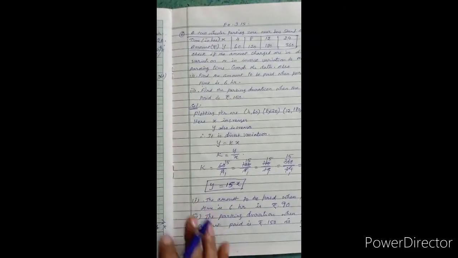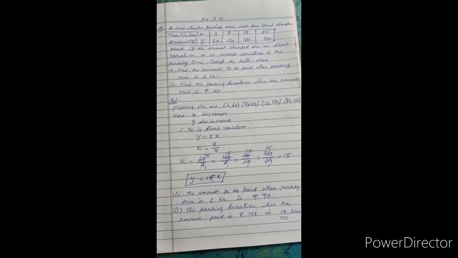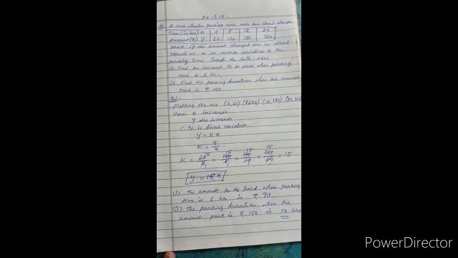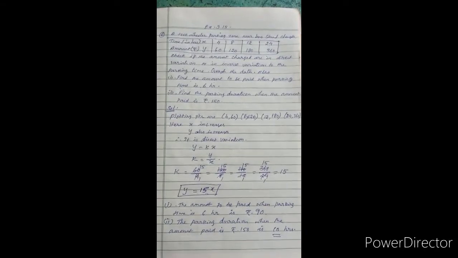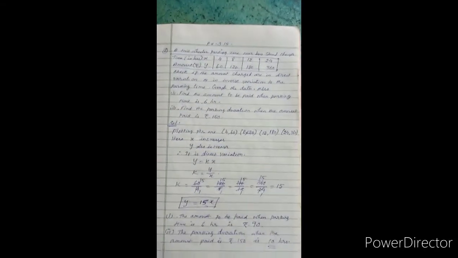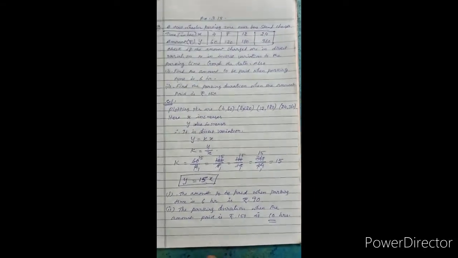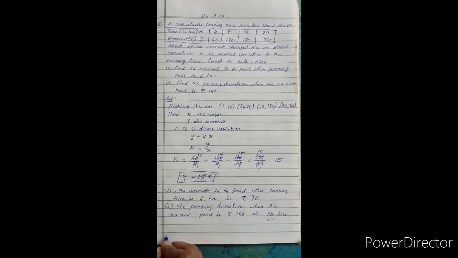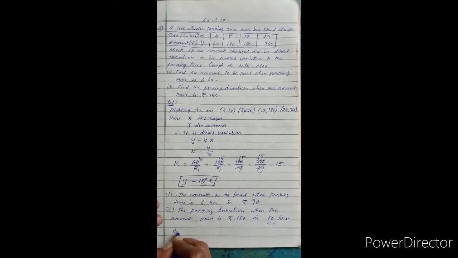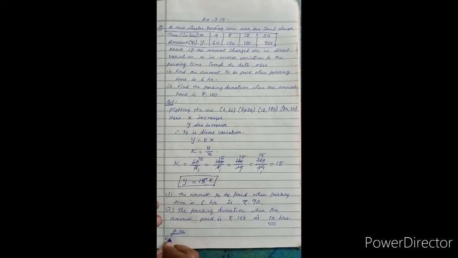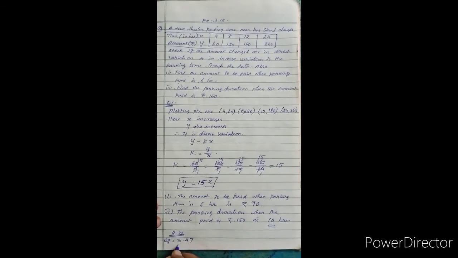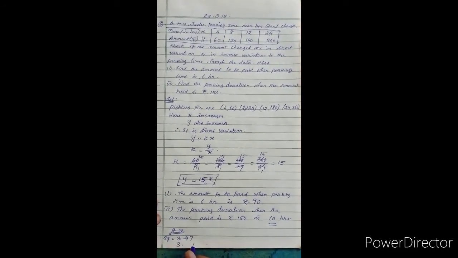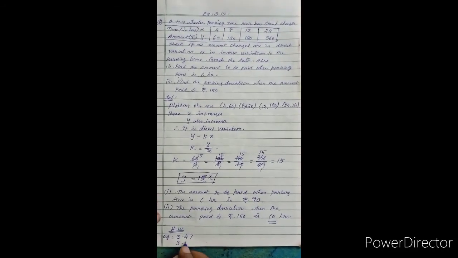So copy down these questions in your graph notebook. These three sums are direct variations, and the example sums are homework sums: example 3.47 and example 3.48.